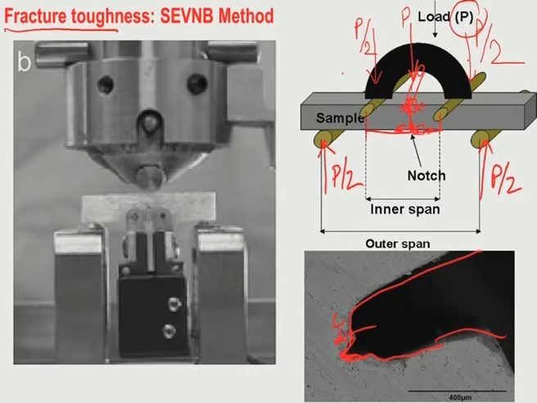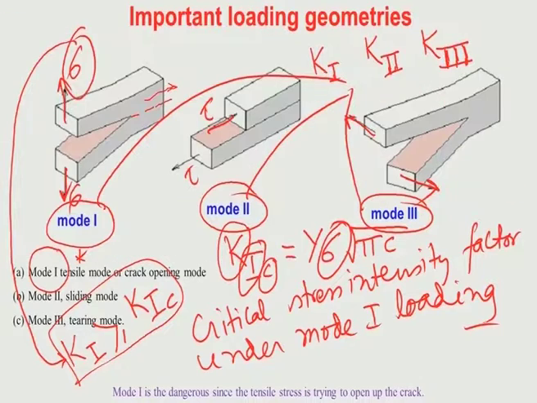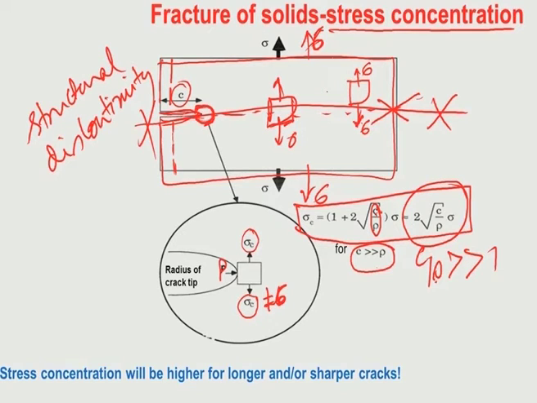In case of 3-point loading, only a limited region will be under uniform tension. Therefore, any crack present in this uniform stress region can simply propagate, leading to failure of the entire sample. This is how fracture takes place in brittle materials, and that is how experimentally one can measure the fracture toughness of a brittle material like ceramics.